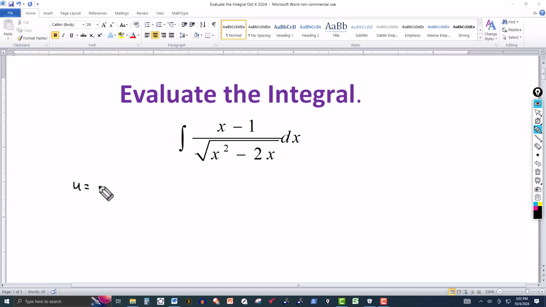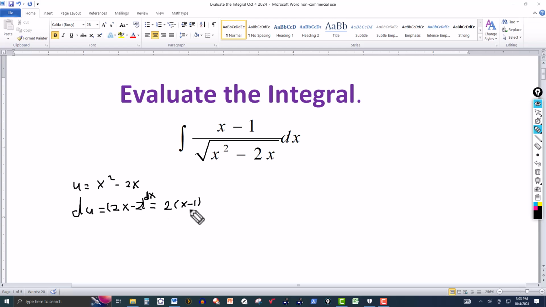So I say let u equal to x squared minus 2x. Then du would be the derivative of that, which is 2x minus 2. And I can factor out a 2 from that. And of course I also have the dx here.